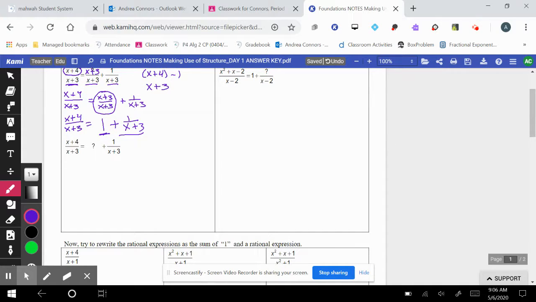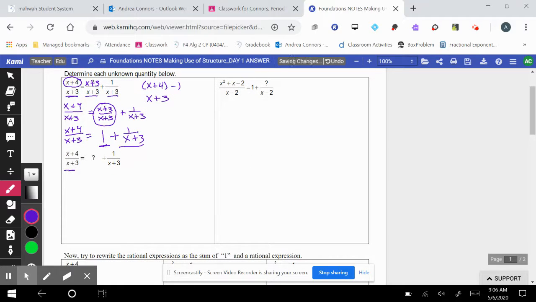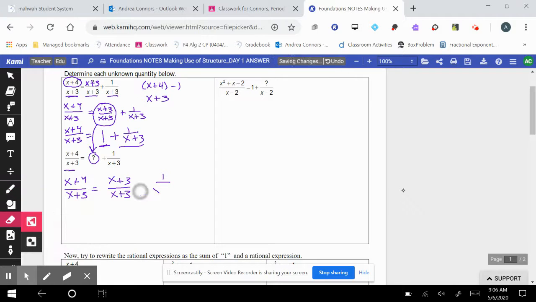So for example, for the second one, I have x plus 3. Oh, and this is actually the second step for this. This question mark is just your x plus 3 over x plus 3, which gives you that 1. So they just want you to rewrite it with that x plus 3 over x plus 3 equals 1, plus 1 over x plus 3.